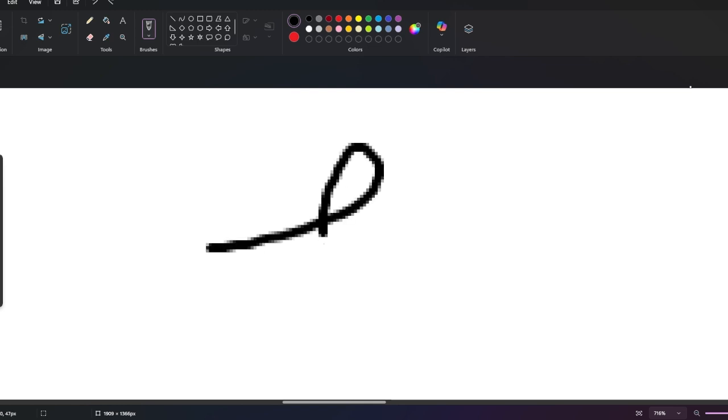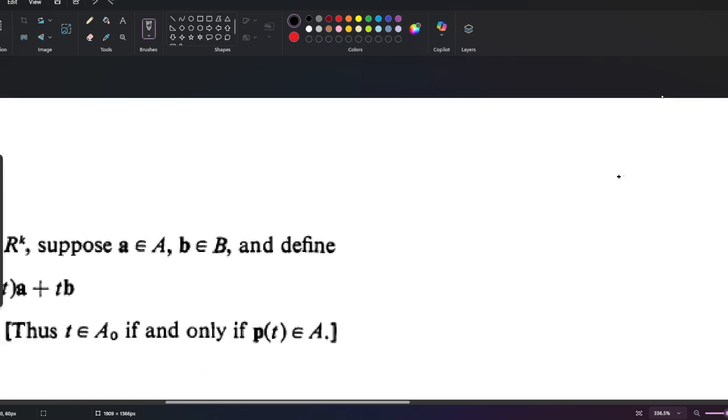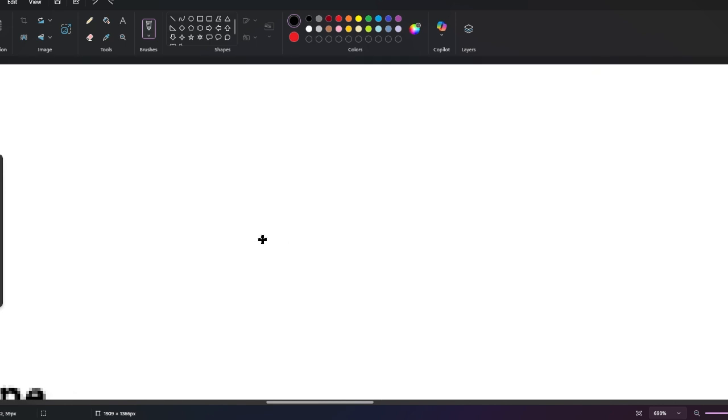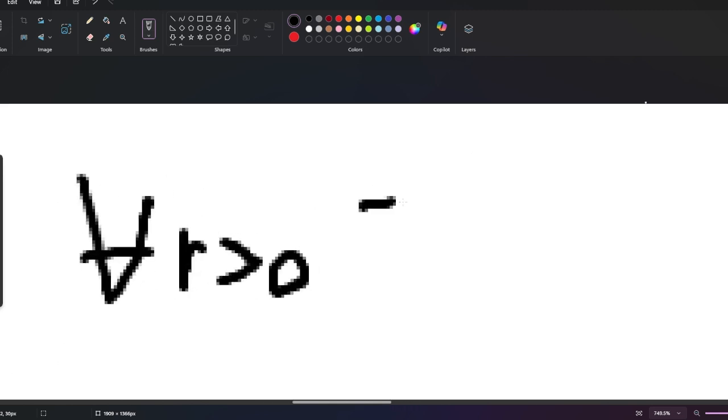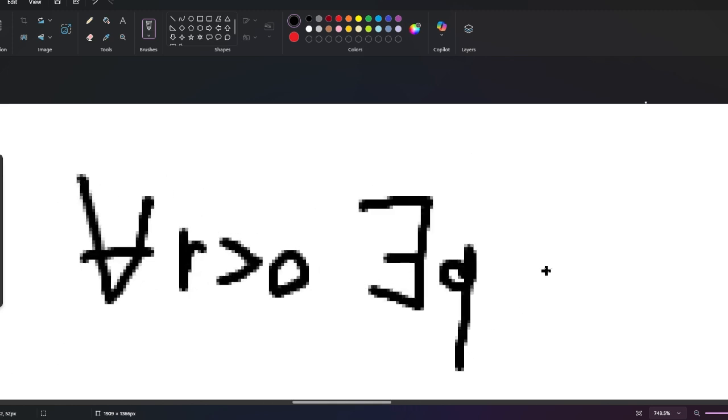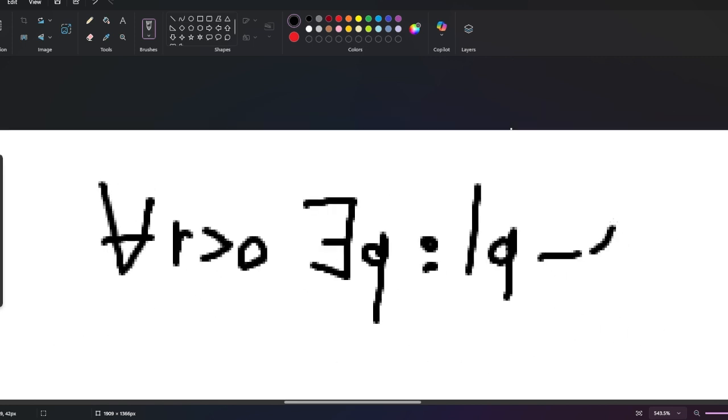Let's say we have a limit point L, and for every radius greater than 0, there exists Q such that the distance |Q minus L| is less than that radius.